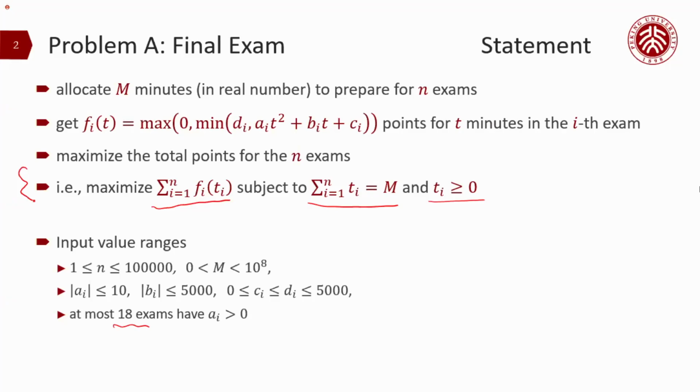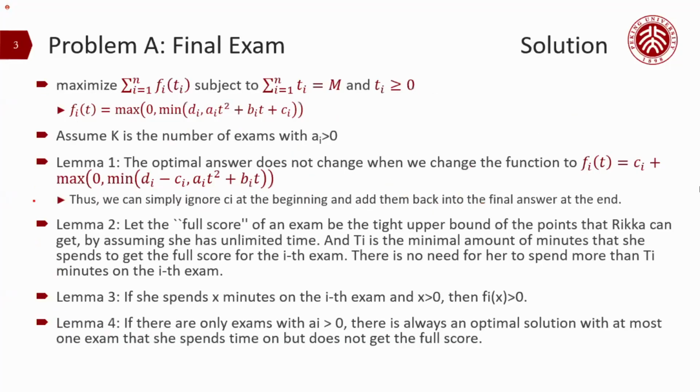The key idea for this problem is to do some analysis on the property of this f_i and how we can get the maximal score for each exam. Here we have too many details, but you only need to pay attention to the brief properties of these equations.